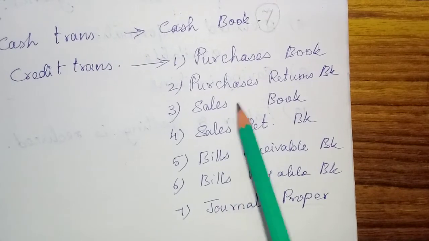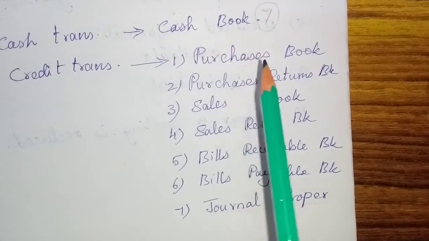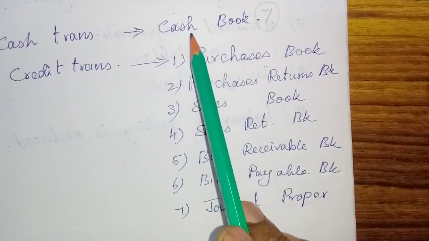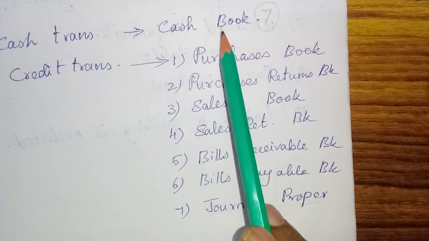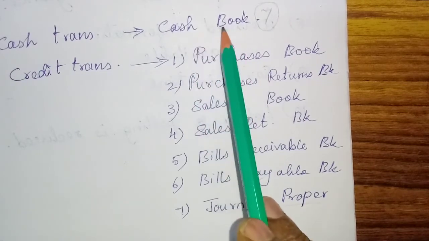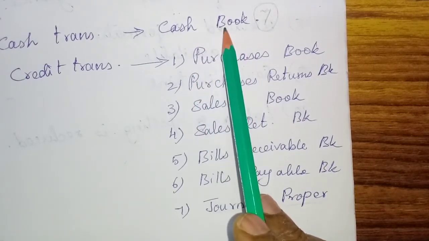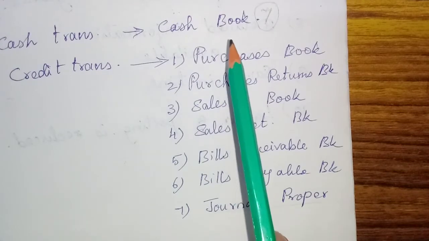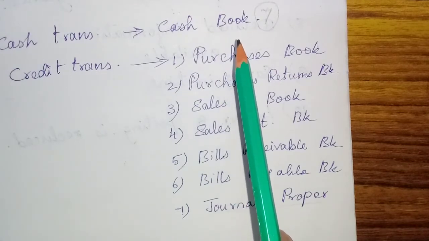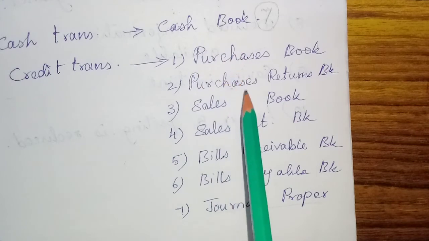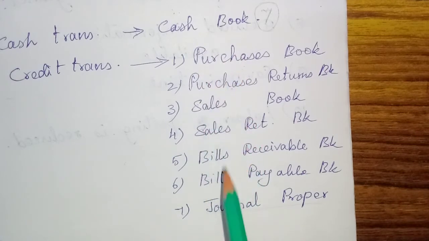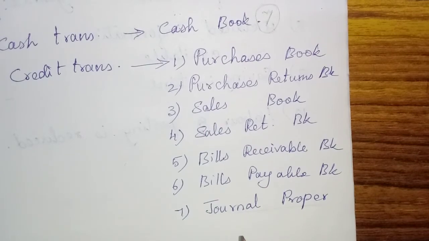But if we purchase an asset or furniture for cash, we will enter it in the cash book. If we purchase an asset, for example furniture, on credit, we can never enter it anywhere here, so it will be prepared as a journal entry. That is called journal proper.